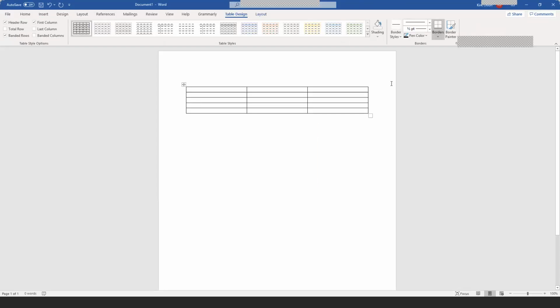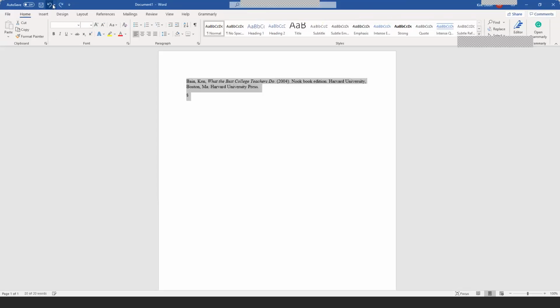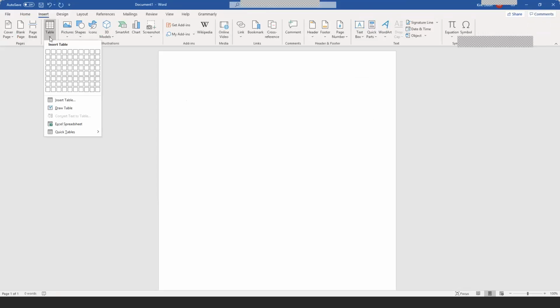No, that's not really what I want, is it? So let's do insert table. What do I want here? Oh boy, how did I used to do those?